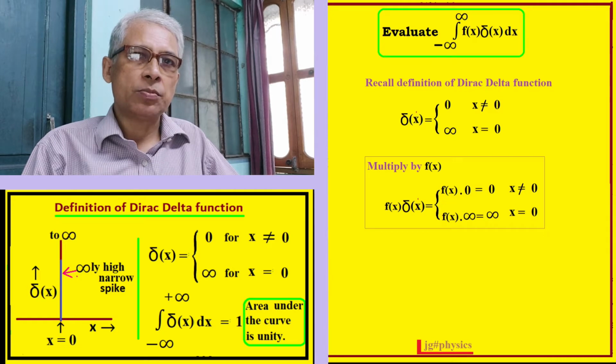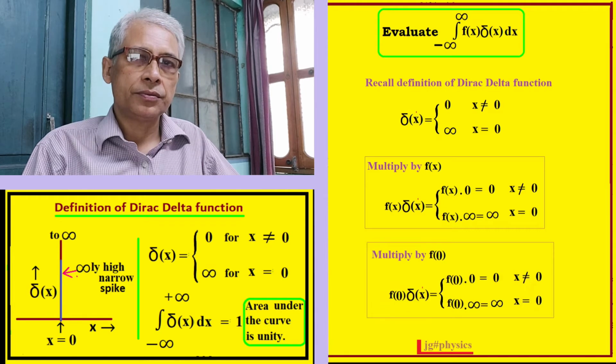Multiply both sides by f of x, and hence on the left we have f of x into Dirac delta of x. Look at the right hand side. It is f of x into 0, and the product is 0 for x not equal to 0. And it is f of x into infinity, the product being obviously infinity for x equal to 0.